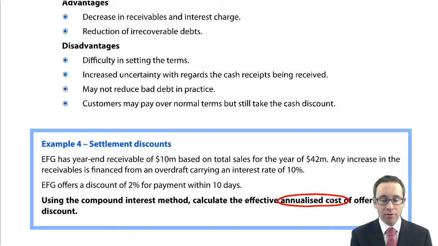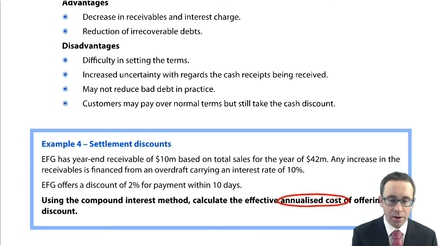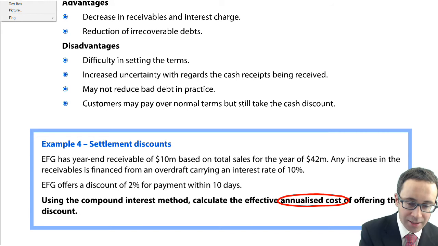So what we've got: EFG has year-end receivables of 10 million based on sales for the year of 42 million, and it's funded at a rate of 10%. That's from the previous interest cost example. Currently we are offering, I think it was 87 days, if memory serves me right, for receivables. And EFG offers a discount of 2% for payment within 10 days.